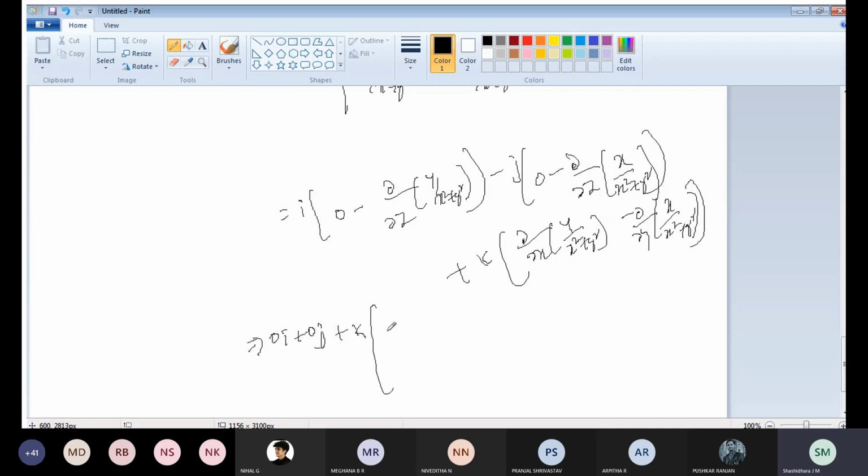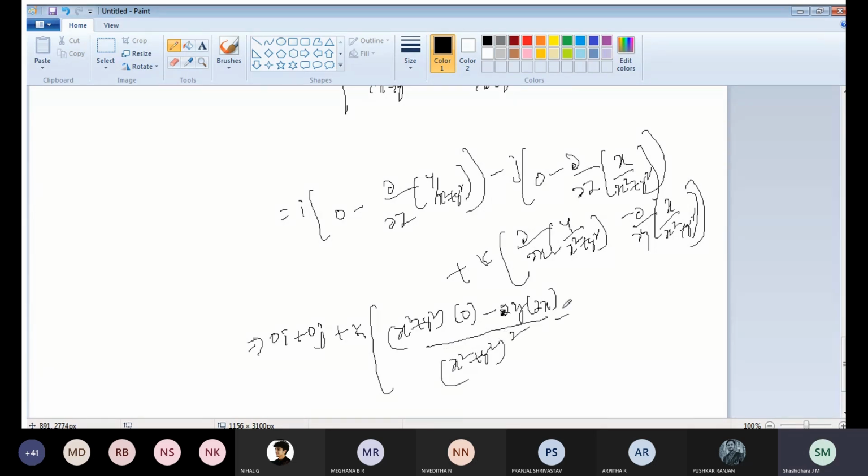So you have to differentiate with respect to x the first one. So as usual, applying the quotient rule, that is x square plus y square into, y is constant, 0, minus y into 2x plus y square is 0, divided by x square plus y square whole square.